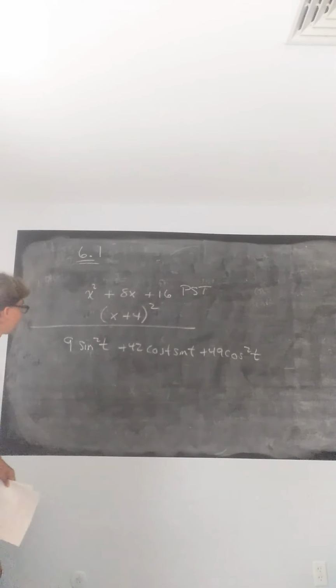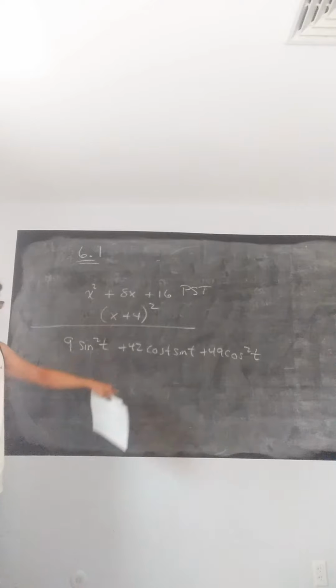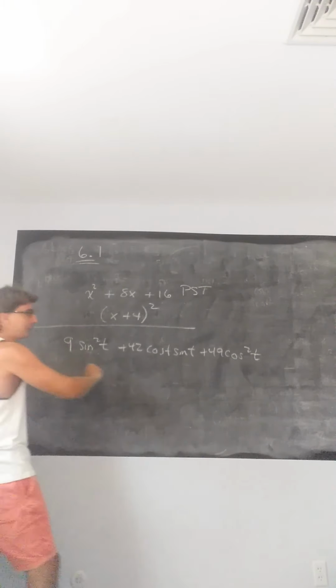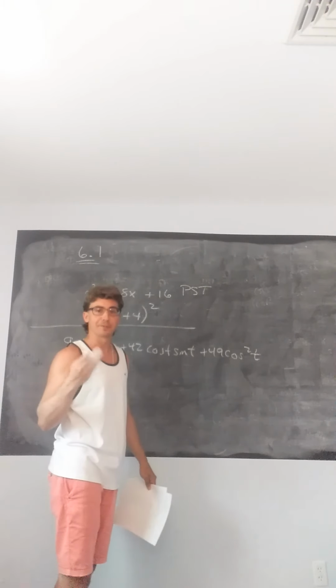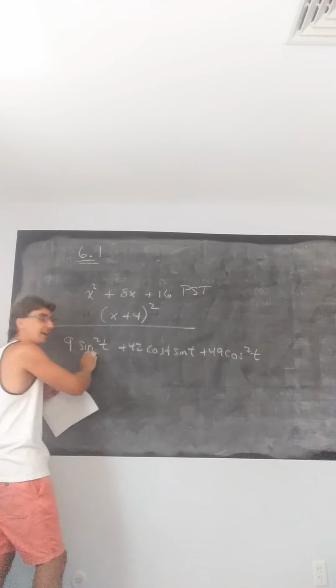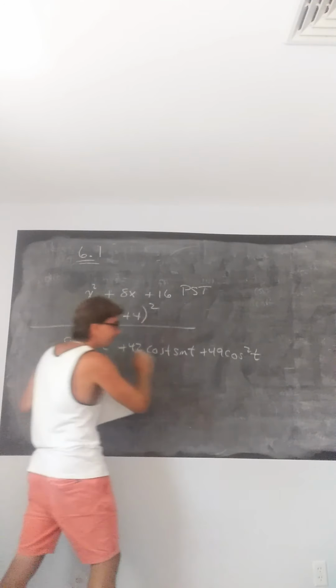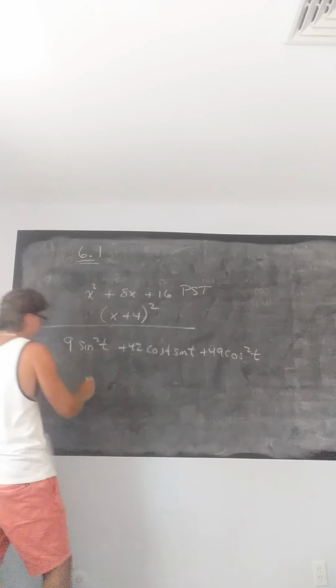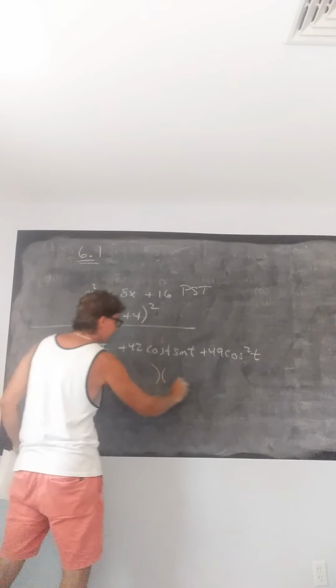This is in disguise a perfect square trinomial, because 9 has a perfect square of 3, 49 has a perfect square of 7, sine squared has a perfect square of sine, cosine squared has a perfect square of cosine. So watch how easy we can make this.